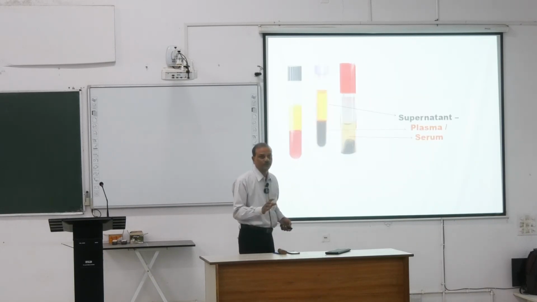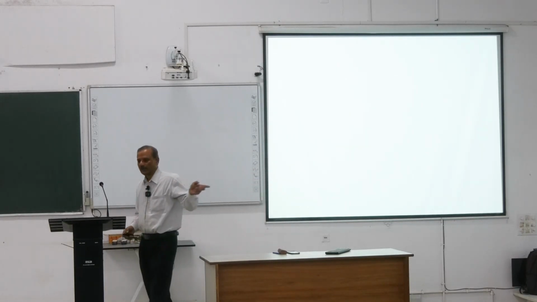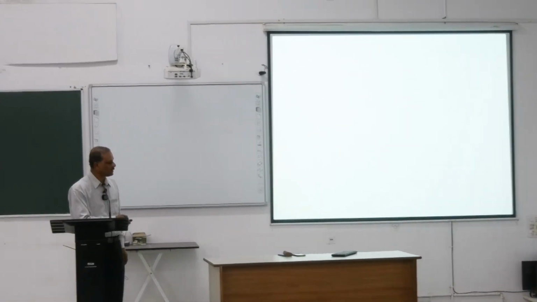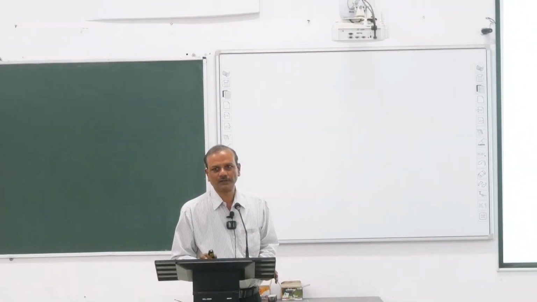I think we have come to an end. I started with this slide because in plasma, apart from this, a number of substances are present which can be measured. The topic is endless, and the microbiology and biochemistry departments work on the detection of abnormal concentrations from blood or plasma.